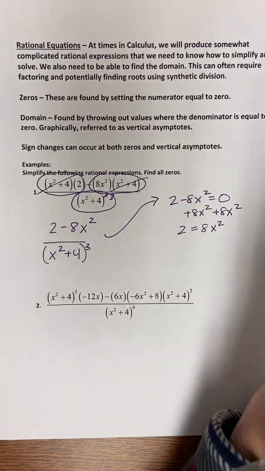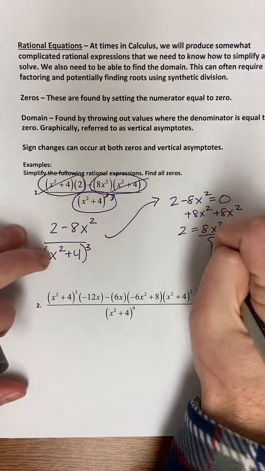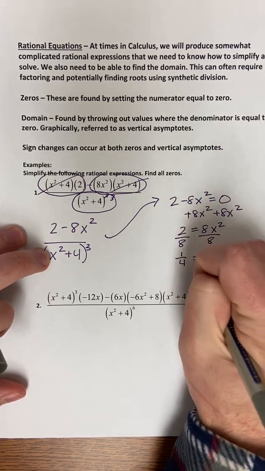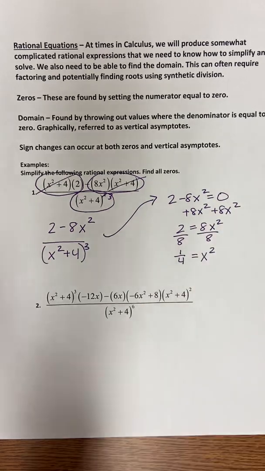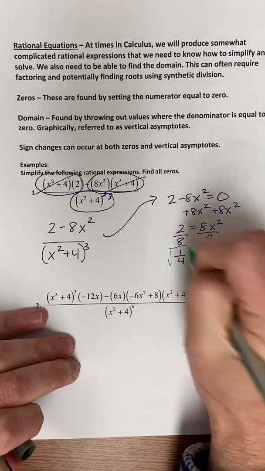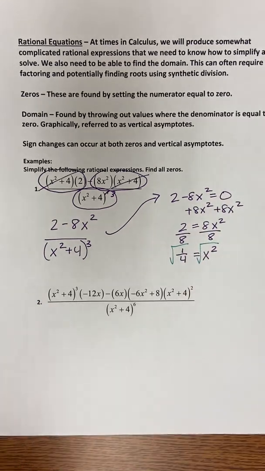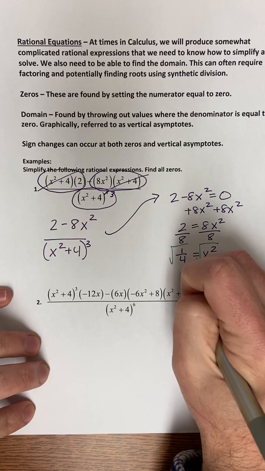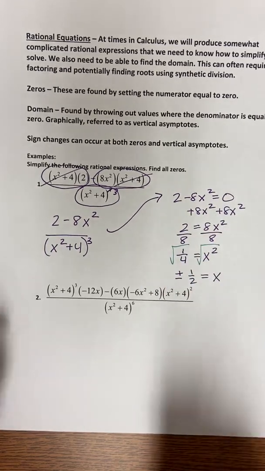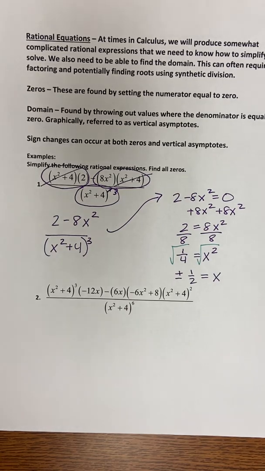Because there are no x terms, this is not going to require factoring. I'm going to divide by 8. 2 8ths reduces to 1/4. And then we can take the square root, and the square root of 1/4 is 1/2. However, because we introduced the square root and there is a variable involved, it will be plus or minus 1/2 equals x. So this tells us our two zeros in this case are positive 1/2 and negative 1/2.